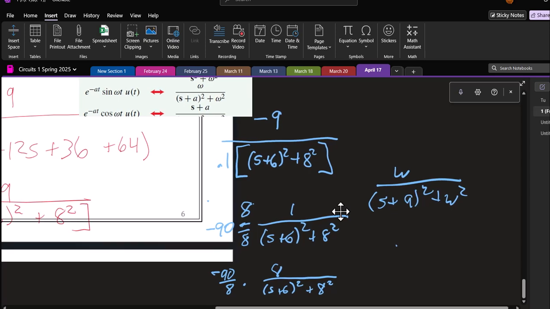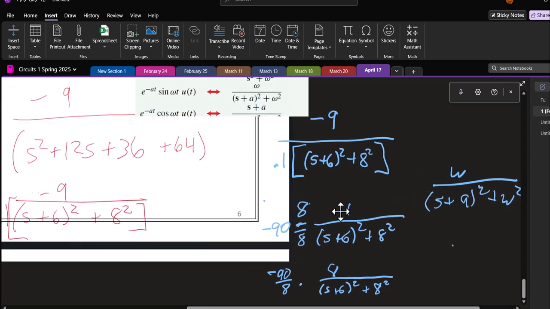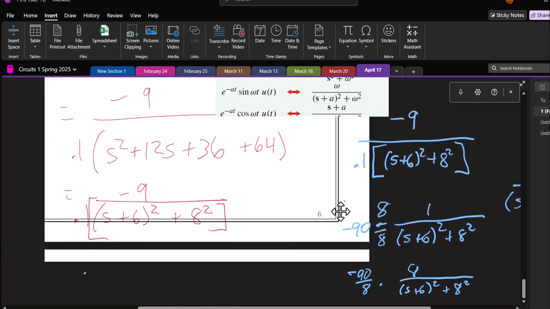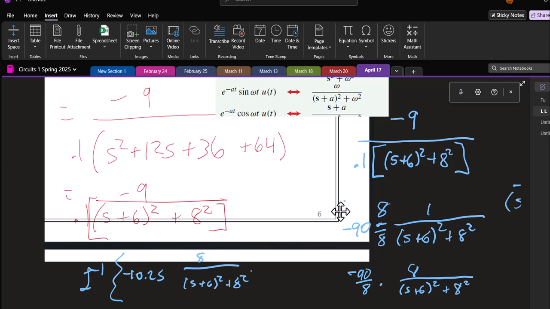So now I take the inverse Laplace transform of negative 90 over 8, which is negative 45 over 4, which is negative 11.25, times 8 over s plus 6 squared plus 8 squared.